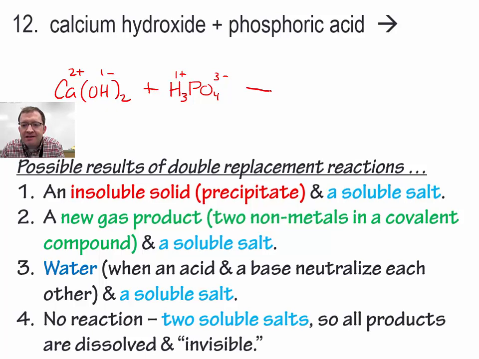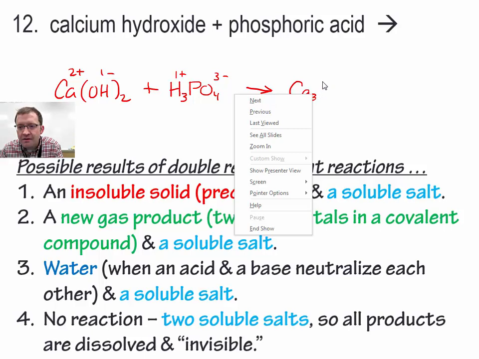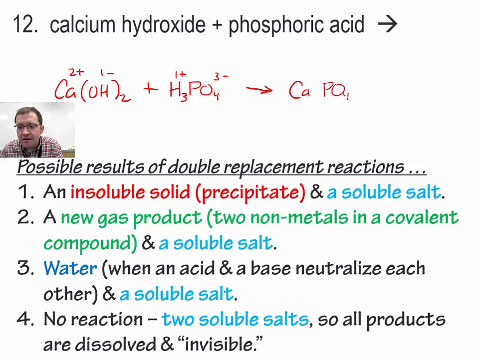Now, when I put these together, it's actually a little easier to see when we work with the formulas. I'm going to put these together to get calcium phosphate. So here's calcium phosphate. And I'm going to put H together with OH. Hydrogen hydroxide? Not quite. We'd never really call it that.